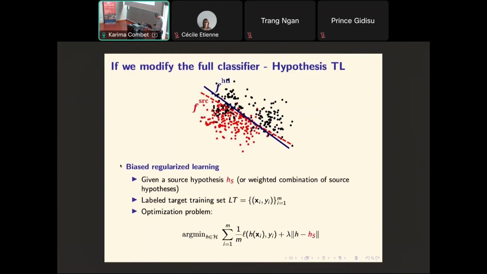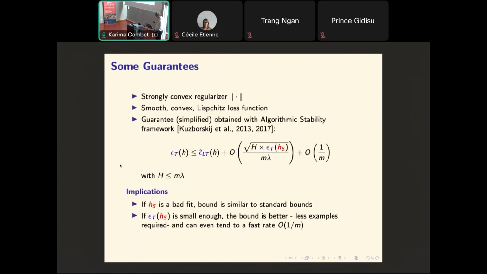If you do this, it can be shown that the error that you will obtain on the target can be bounded by the error you observed on the target learning sample, plus the performance of the source model on the target task.